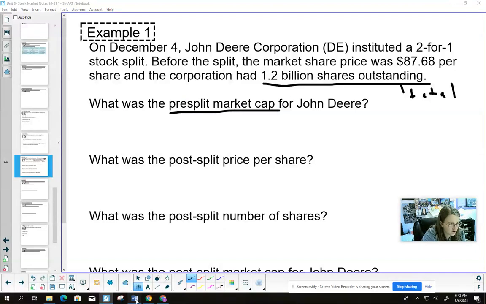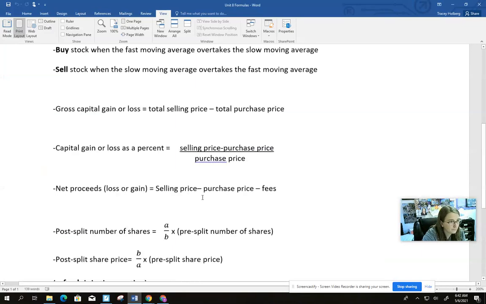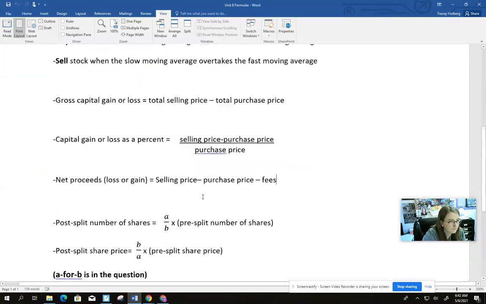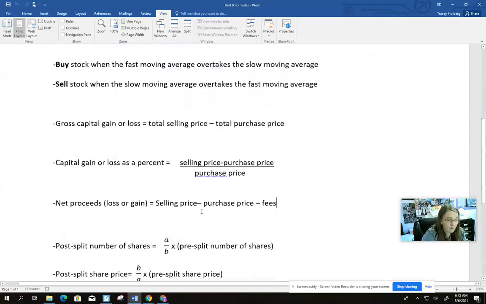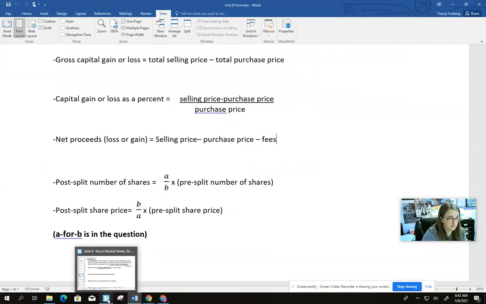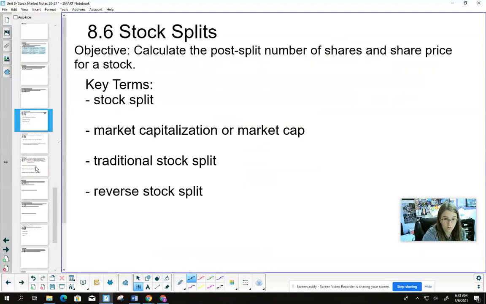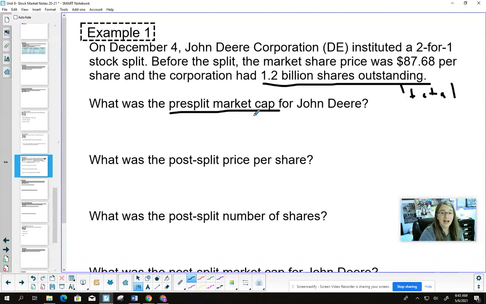So market cap, is this on your formula sheet? Ooh, it is not. Nope. Okay, so you gotta know what market cap is. Again, we did talk about it in the key terms. Market cap is market capitalization. That's kind of the value of all of the shares of a company.